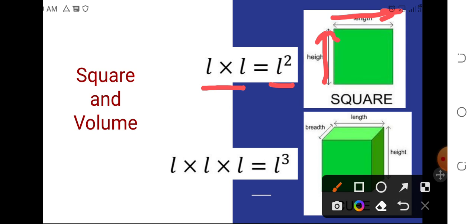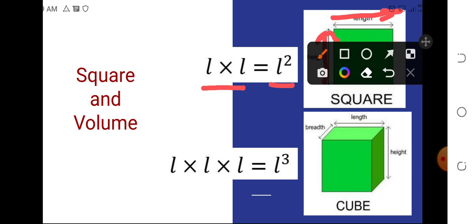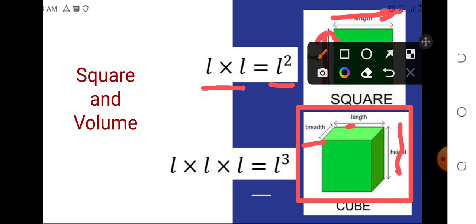Now let's see the cube. You can see this figure, this is called a cube. Why is this called a cube? Because it has three dimensions: this one length, this one height, and this length. These are the three dimensions of a cube. If we have to find the volume of a cube, we must multiply these three dimensions, this one multiplying this one and this height.